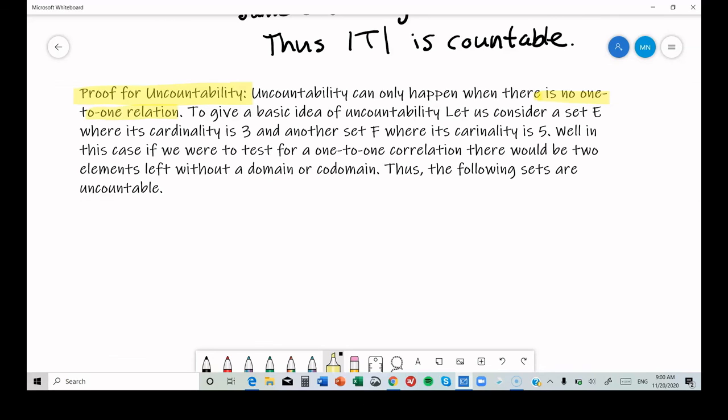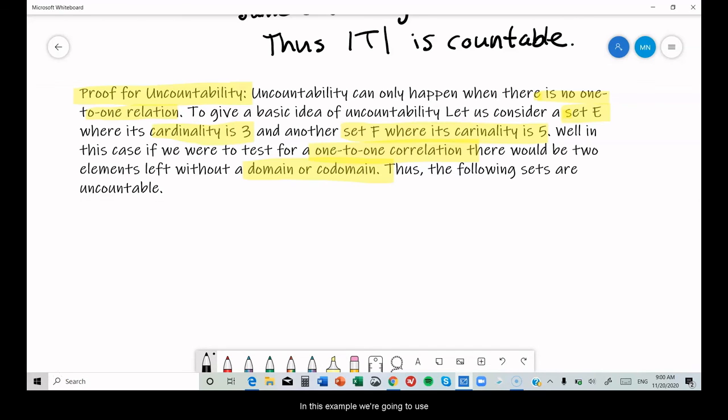So let's say that we give a basic idea of having a set E that has a cardinality of 3 and a set F that has a cardinality of 5. Well, in this case, there wouldn't really be a one-to-one correlation because we would be left with a domain or a codomain of 3 on either side. So then let me provide an example.